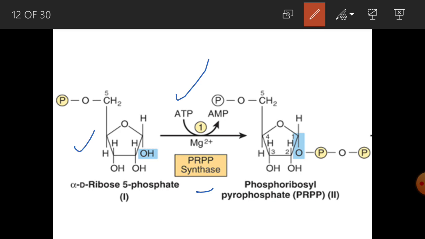These 2 phosphate groups together are called pyrophosphate, and thus it is phosphoribosyl pyrophosphate. Phospho for the phosphate groups, ribosyl for the ribose sugar, and pyrophosphate because it is PP. Okay.